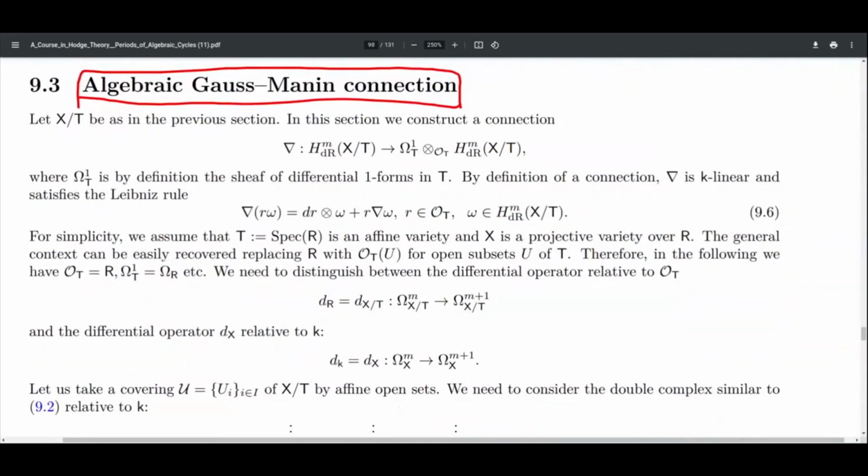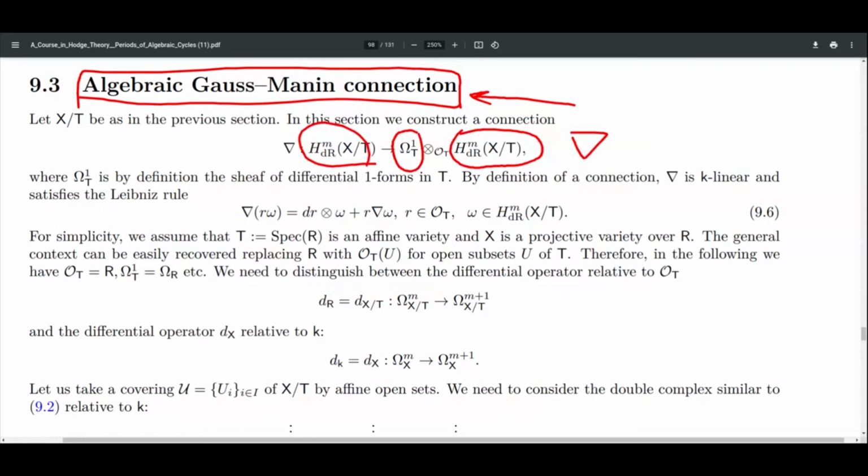Let us now try to define the algebraic Gauss-Manin connection. So we have defined the cohomology bundle as the relative de Rham cohomology. The sheaf of differential one-forms on T is algebraic because T itself is algebraic. So what is this map that we already saw in the topological context?